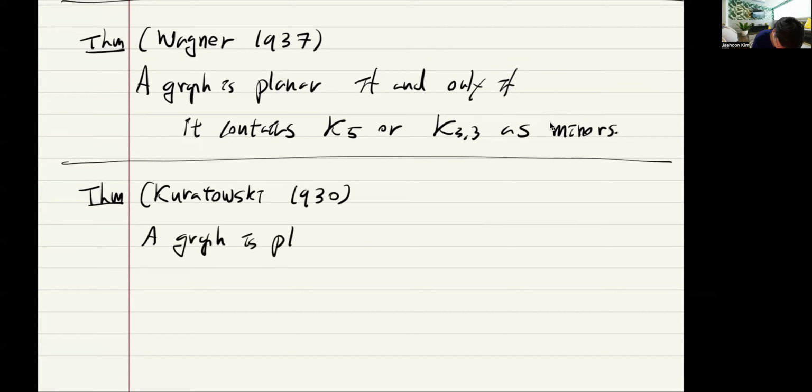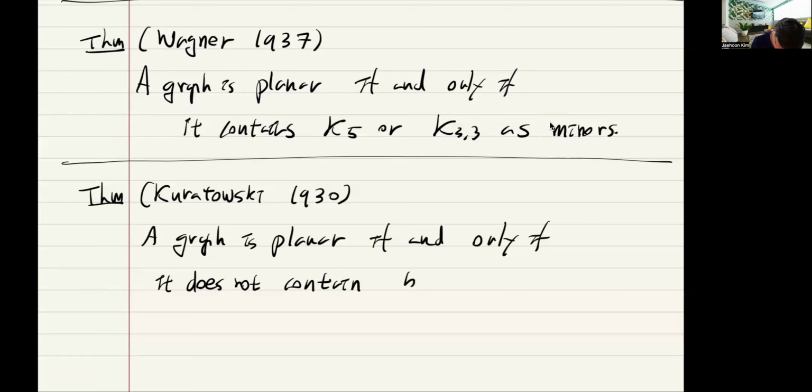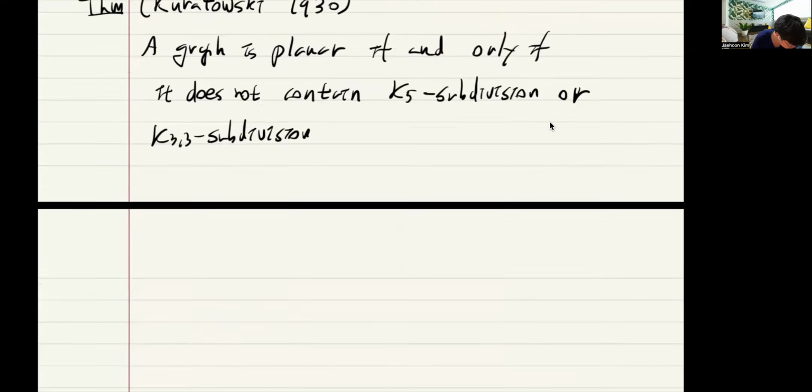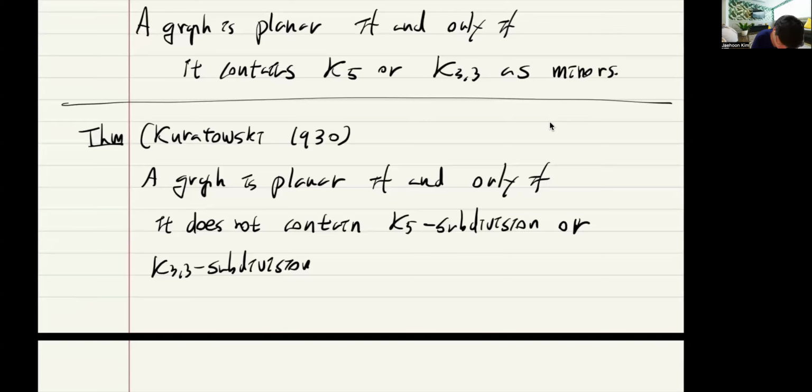A graph is planar if and only if it does not contain K5 subdivision or K33 subdivision as a subgraph.